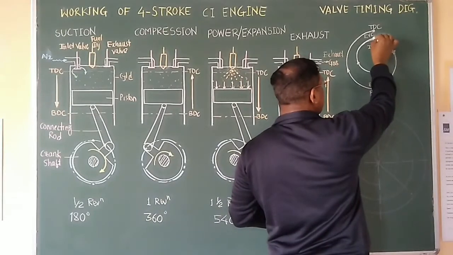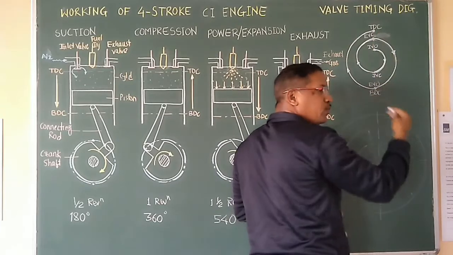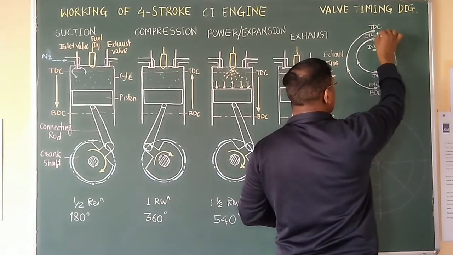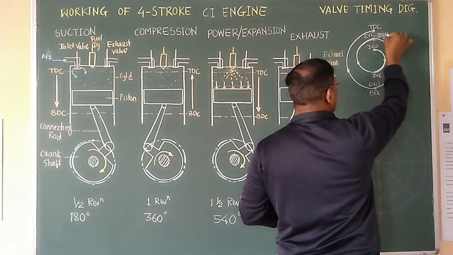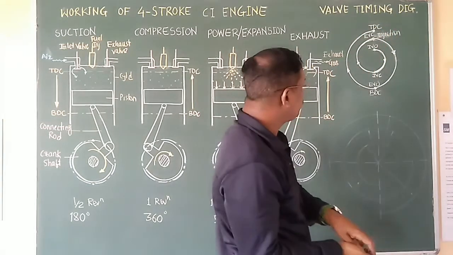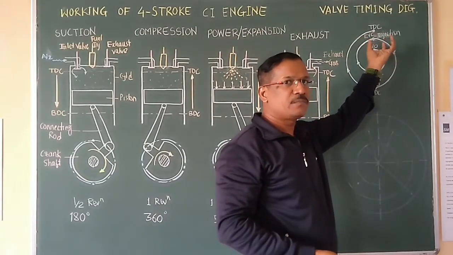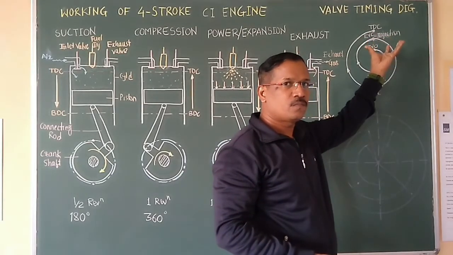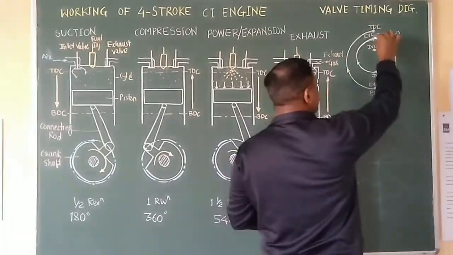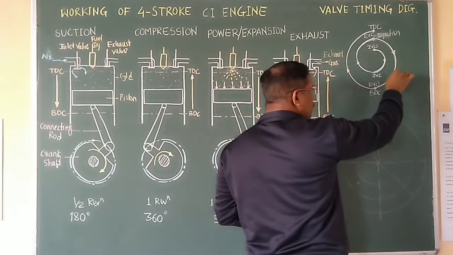At that point, we allow fuel to inject inside this high pressure, high temperature air. So injection is there. As fuel is injected, it reaches self-ignition temperature and burns spontaneously, and the burnt gases try to expand, and due to the expansion forces, the piston moves towards BDC.